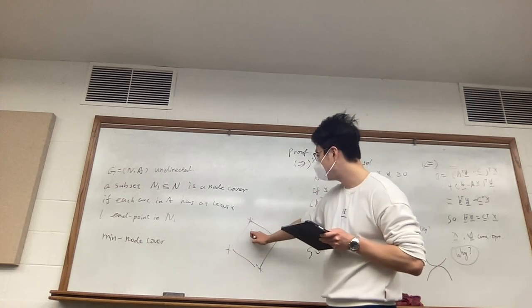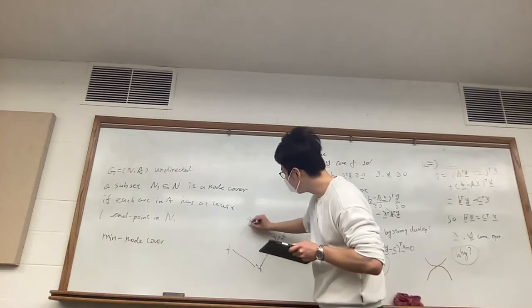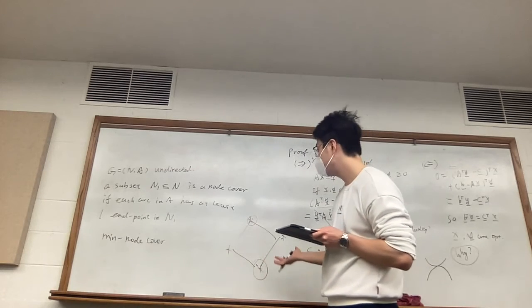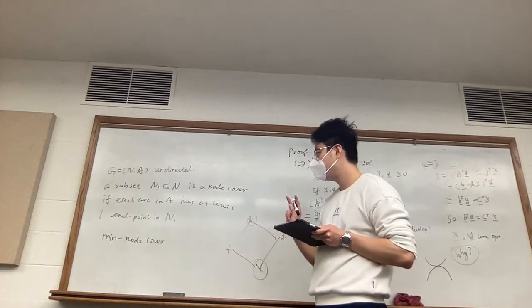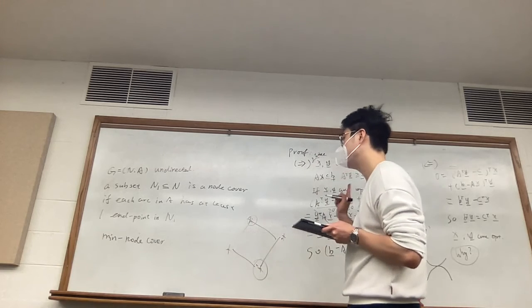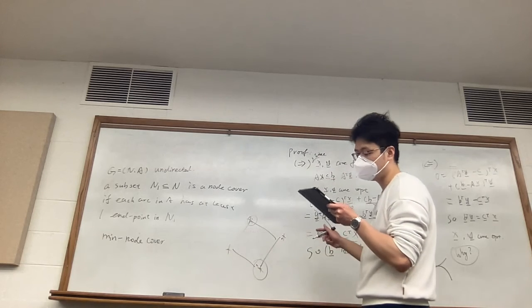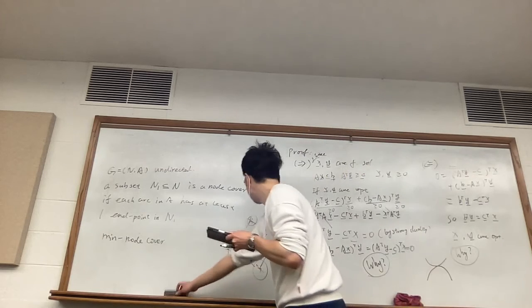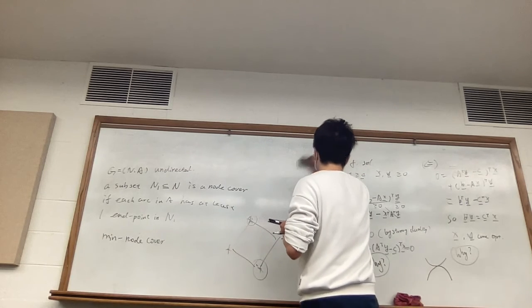For example, in this problem, a minimum node cover can just be these two, right? Then there are only two elements, and every arc has at least one endpoint in this N1. So how can we formulate this minimum node cover problem?